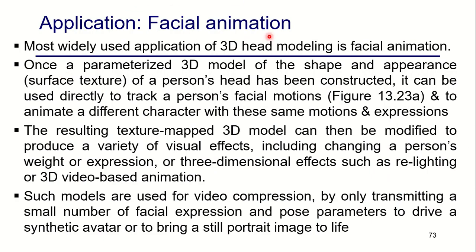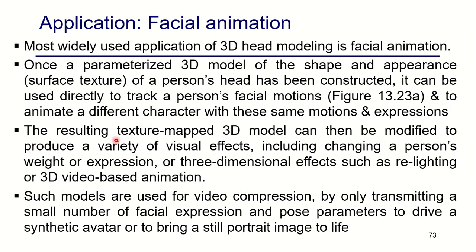Application: facial animation. The most widely used application of 3D head modeling is facial animation. Once the parameterized 3D model of the shape and appearance, that is the surface structure and surface texture, of a person's head has been reconstructed, it can be used directly to track a person's facial motions and to animate a different character with the same motions and expressions.